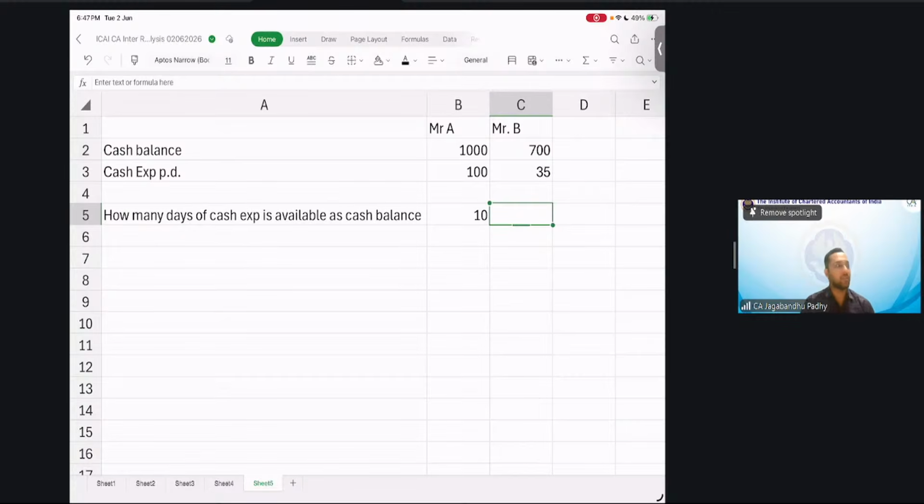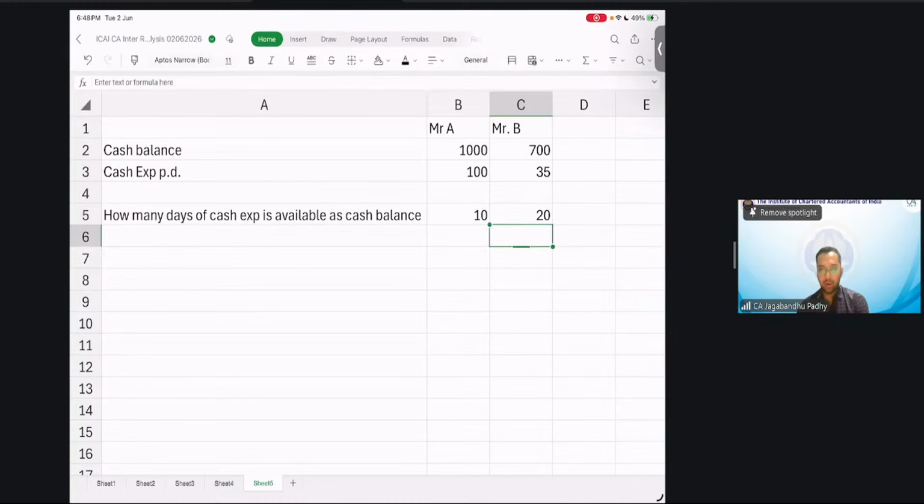What about Mr. B? Mr. B is going to survive for how many days? Mr. B can survive 20 days, right? Because it's simply 700 divided by 35.